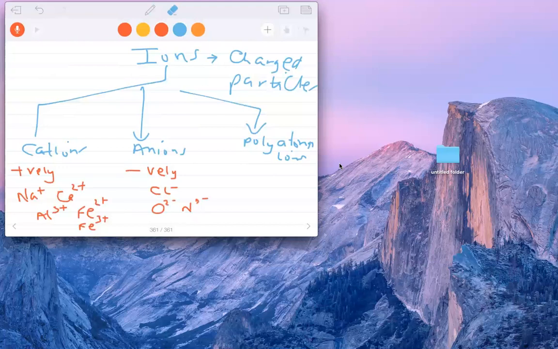This is 3 right here. Polyatomic ions are a group of atoms which act as one. They are a group of atoms with an overall charge, SO3 for example, with an overall charge of 2-. Poly means many. It's a collection of atoms with an overall charge.